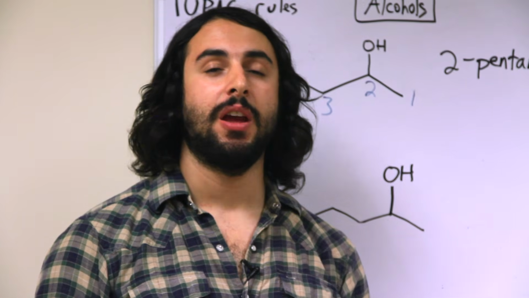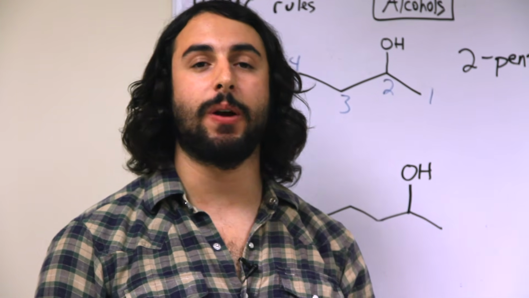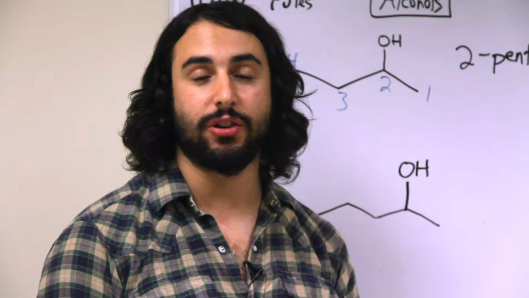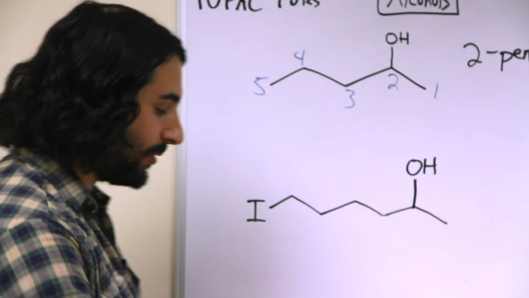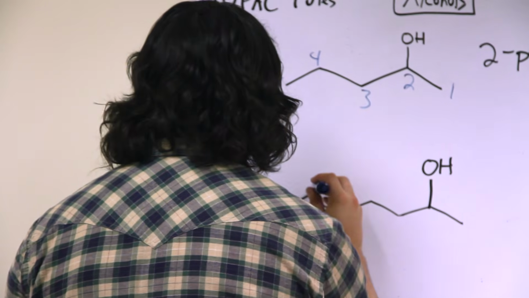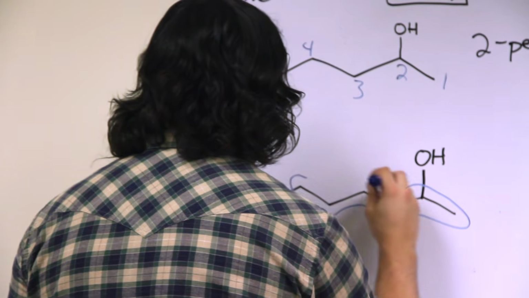Now, here's the thing. The hydroxyl group takes priority over alkyl and halogen in terms of the priority of numbering left to right or right to left. So what that means is, for this example, we will identify the longest carbon chain just as we normally do.